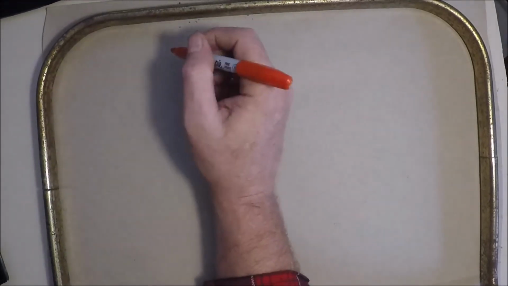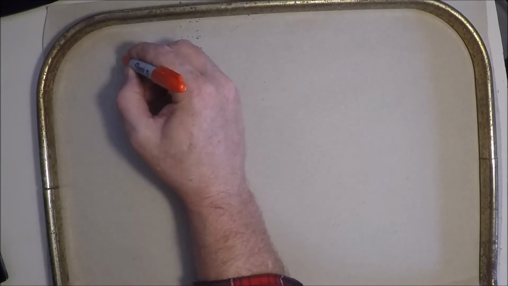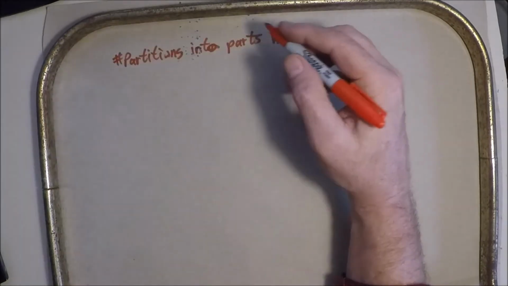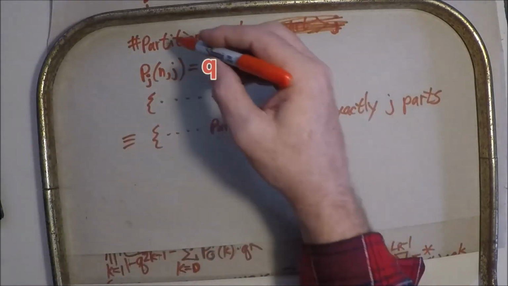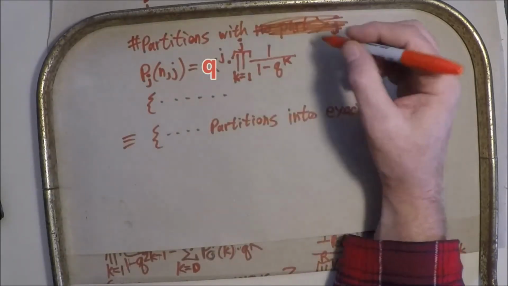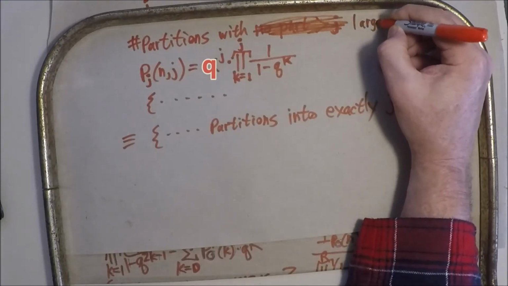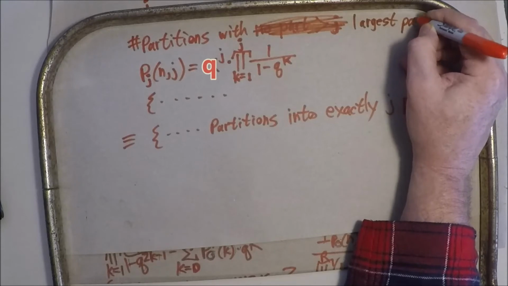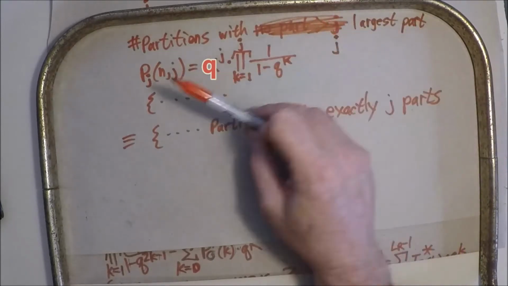Some other common partition function definitions include the number of partitions into parts. Okay, misspoke. The number of partitions with largest part j is what I meant to say.